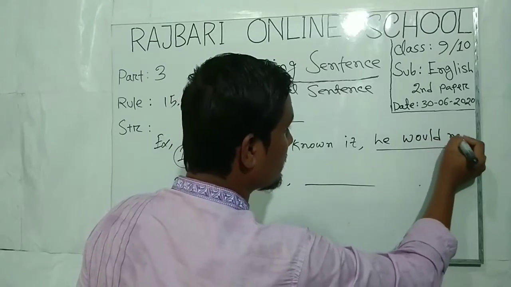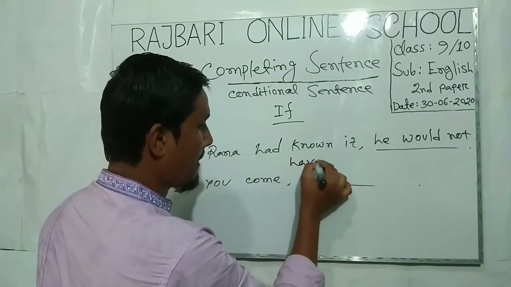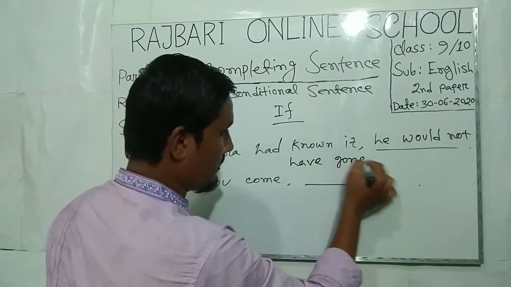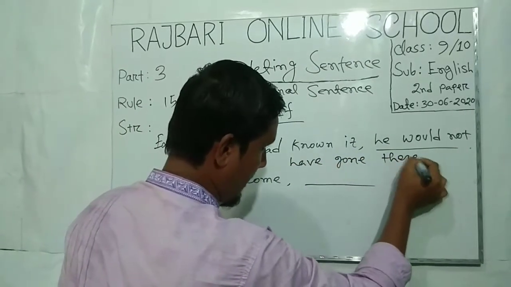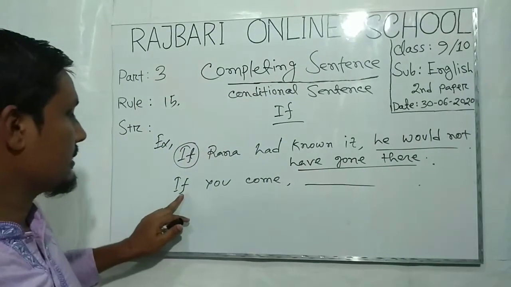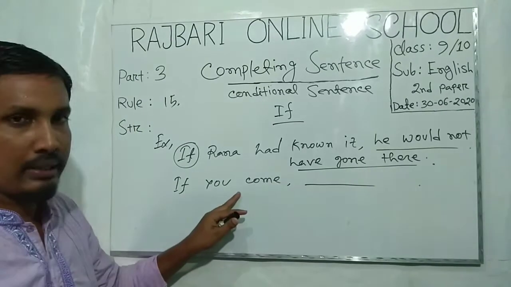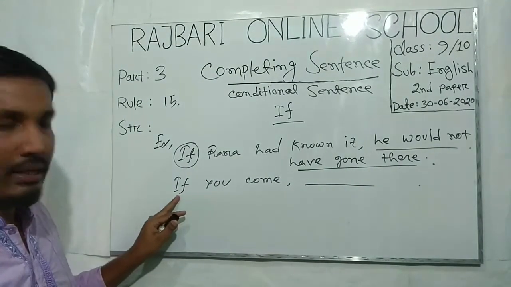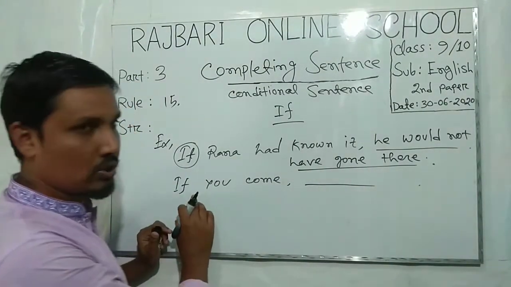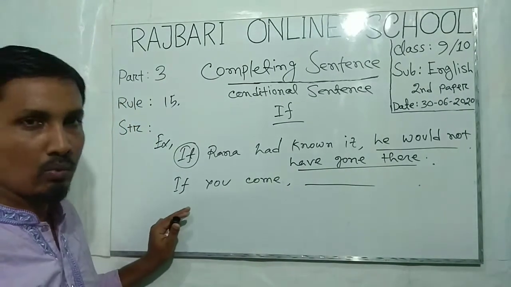Okay, if Rana had known it, he would not have gone there. Okay, second sentence: if you come, that is the present indefinite tense, and the word is if. Okay, this is a conditional sentence. For this reason, you have to complete this sentence with rule 1.